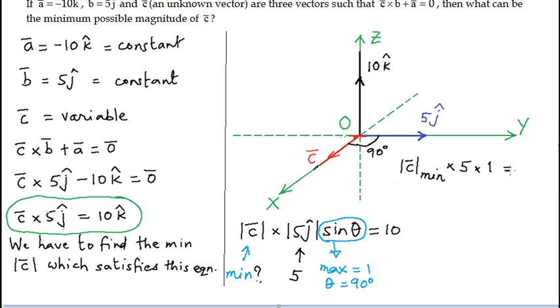And this of course must equal 10. If I just simplify this equation, I get the minimum value of mod c bar satisfying the given conditions in the question equals 10 by 5, that is 2, and this minimum value of mod c bar is obtained for this particular direction of c bar, namely this occurs when theta is equal to 90 degrees as shown in the diagram.